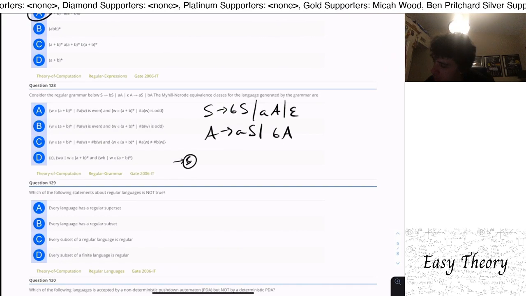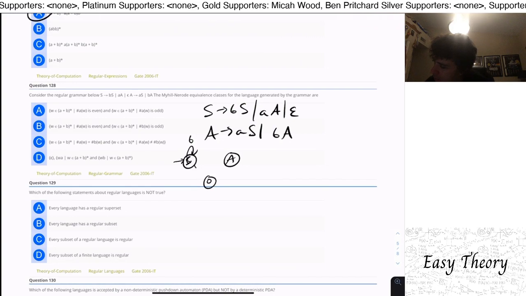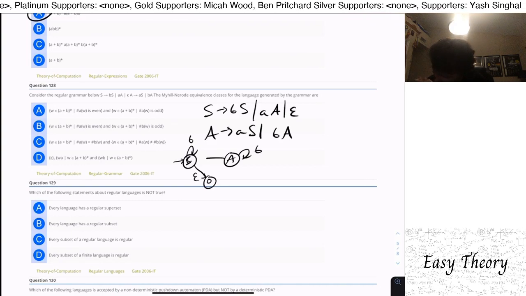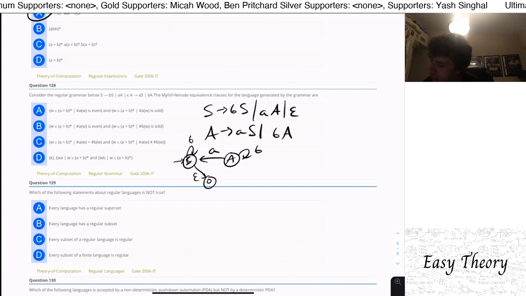Let's actually just make the automaton for this. So B, A, S can go to empty. Just making the transitions in the usual construction.